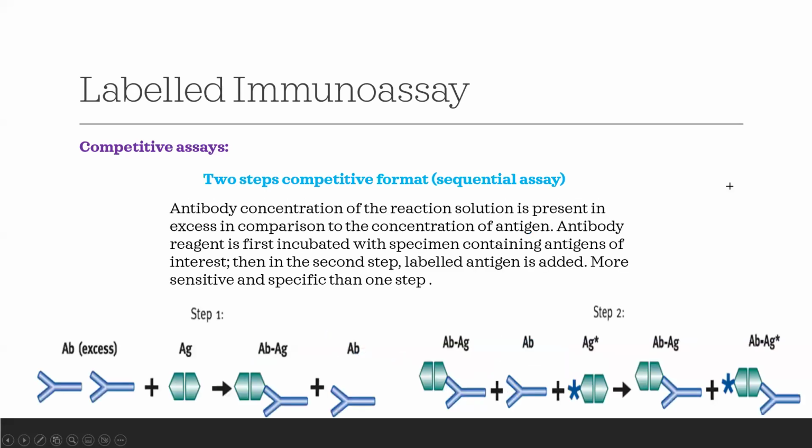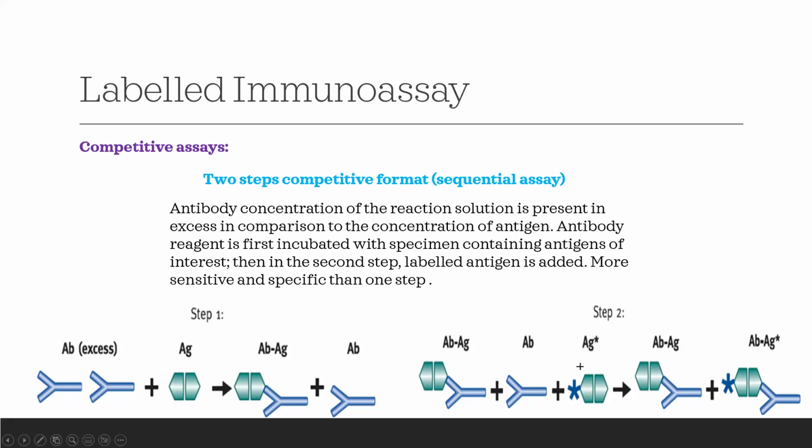On the other side, we also have the two-step competitive format that we call the sequential assay. In the first step, the antibody we add is in excess. We add lots of antibody, and the first step will only introduce the analytes, the antigen without label, and let them bind, and there will be some leftover antibodies in the mixture. After enough incubation time, we go to the second step.